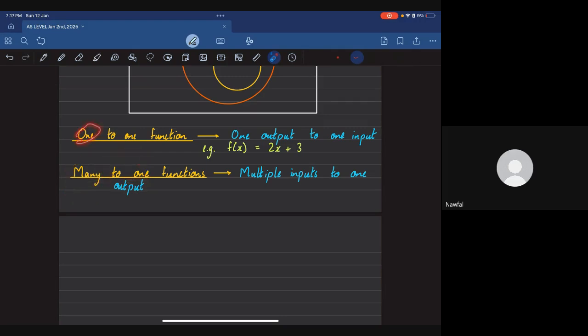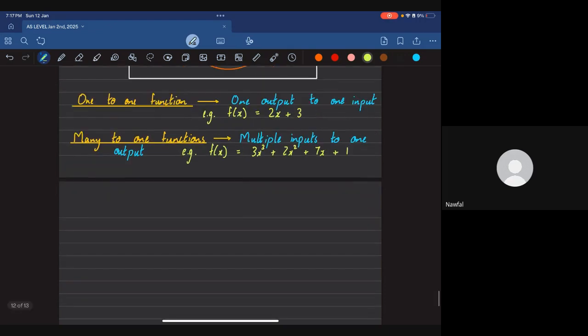One to one means for one input, it leads to one output. So, for example, a many to one function could look like f of x is equal to 3x cubed plus 2x squared plus 7x plus 1, maybe. It could look like this. So, this is a nonlinear function.